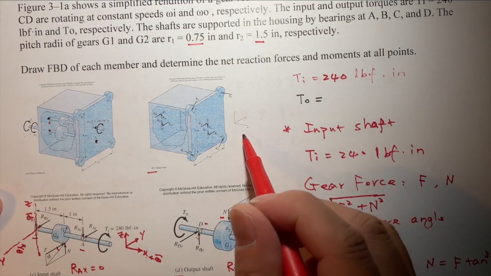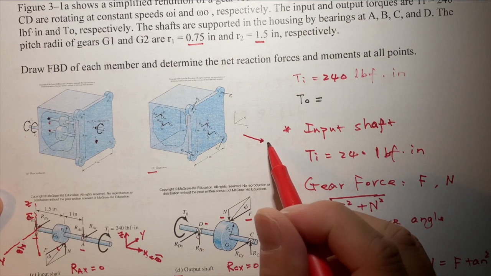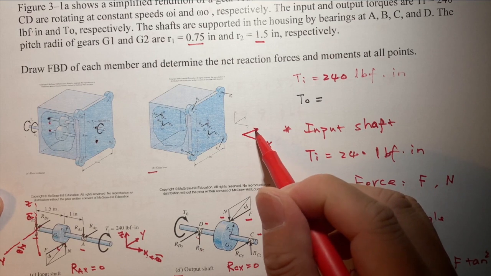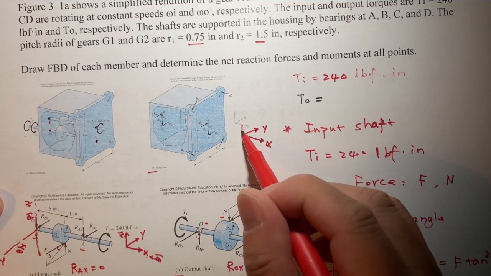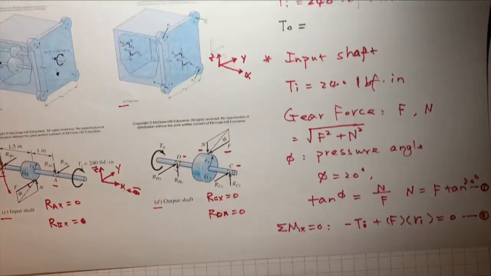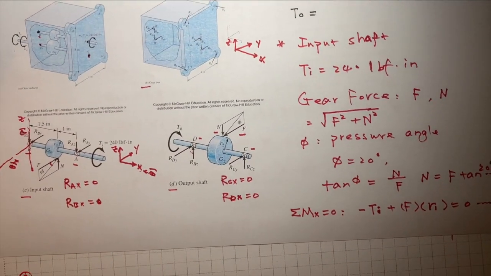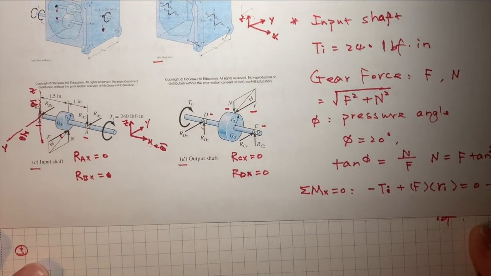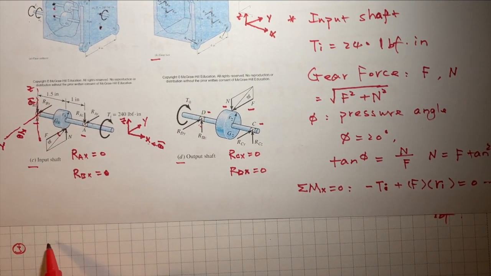So let's say this is the x direction, right. And this is y, and this is z, right. So we can set up the equation. Sigma Mx equals 0. Right.